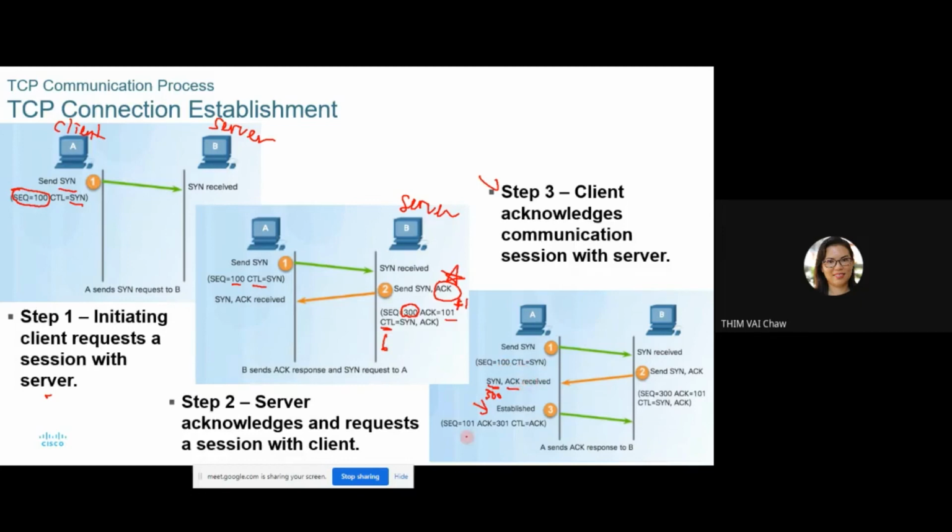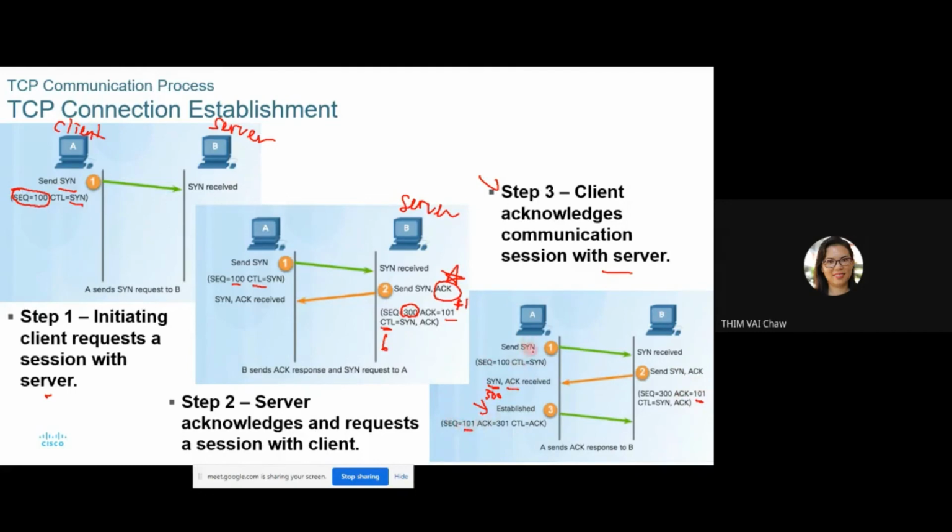Therefore, in the third step the client also agrees to establish the connection with the server. That's why under the third step you will see that the sequence number is 101. Do you remember just now the acknowledgement number is 101? Just now I used the term that the server expected your next sequence number, your sequence number plus 1, becomes 101. That's why it's 101.